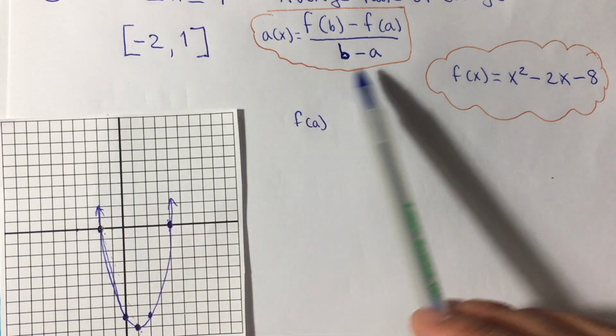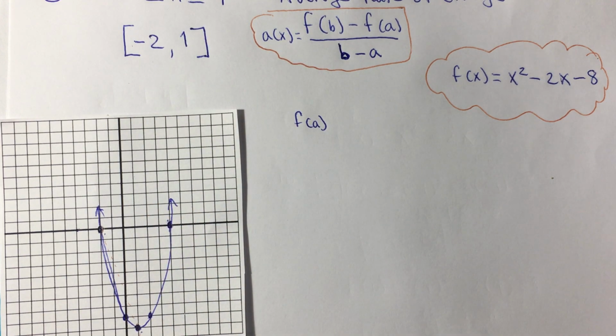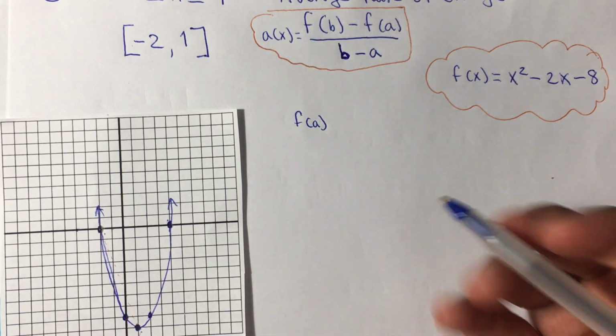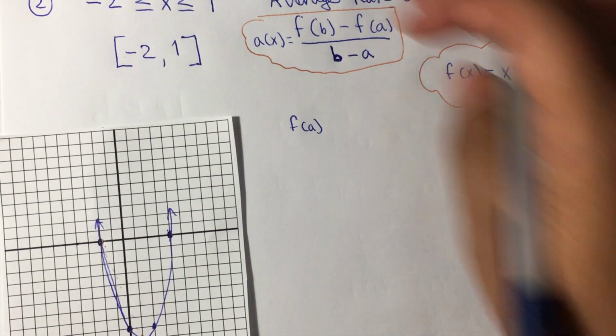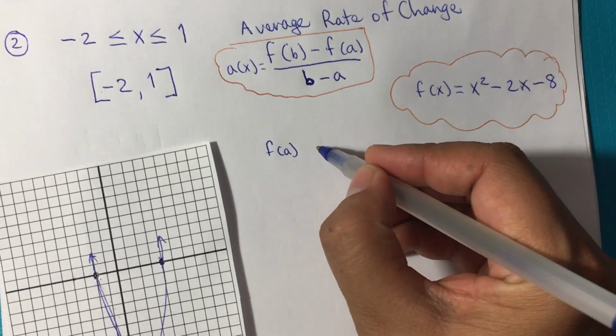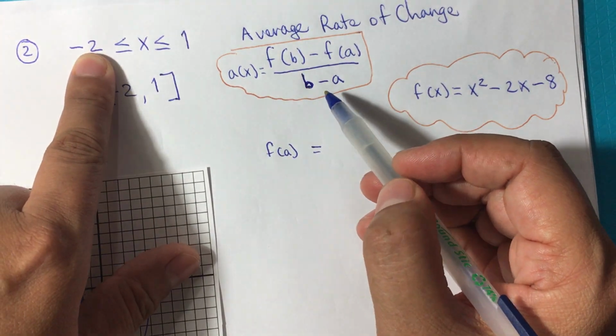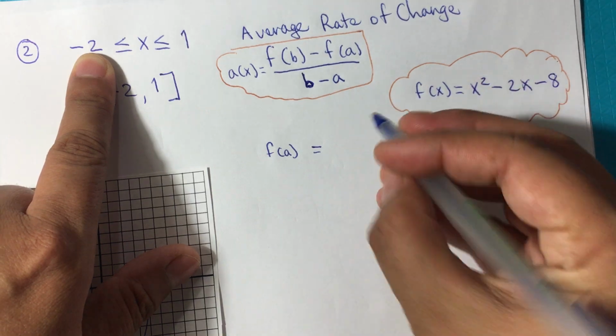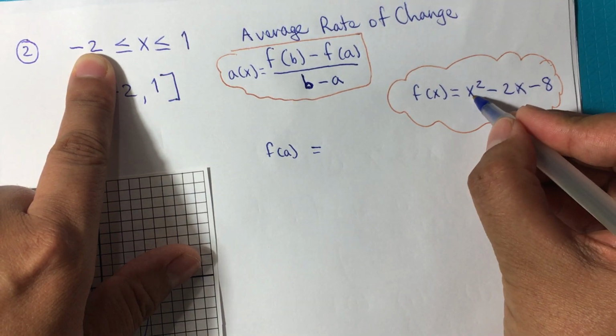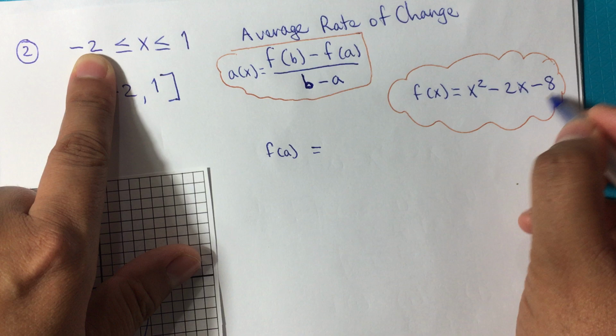How are these y2 and y1? Well, it's because you're replacing the value of a, meaning -2, into this equation to find the value of y.